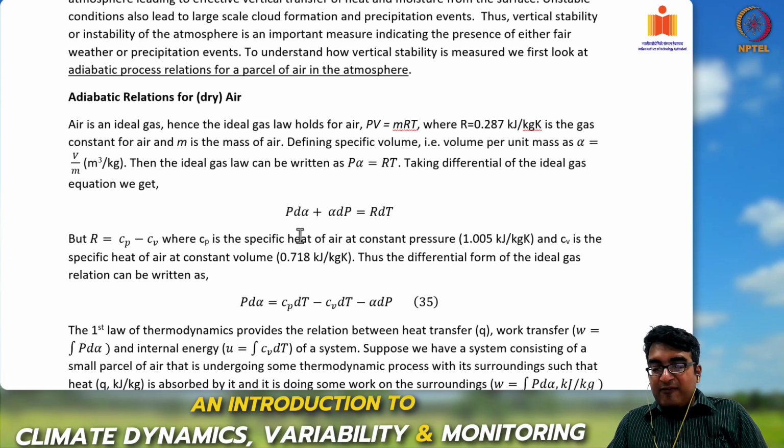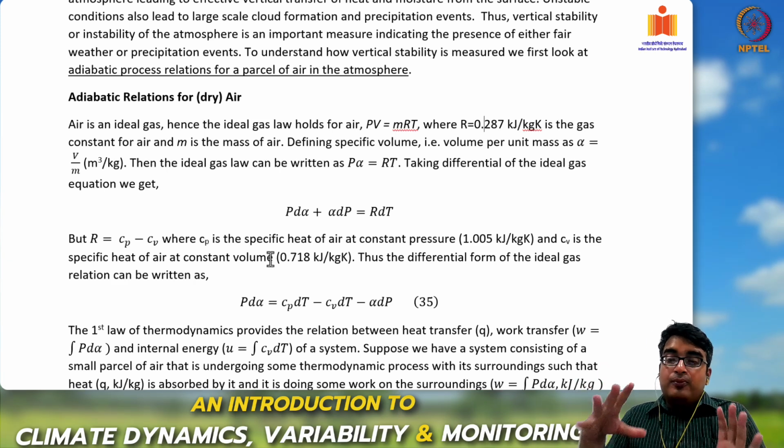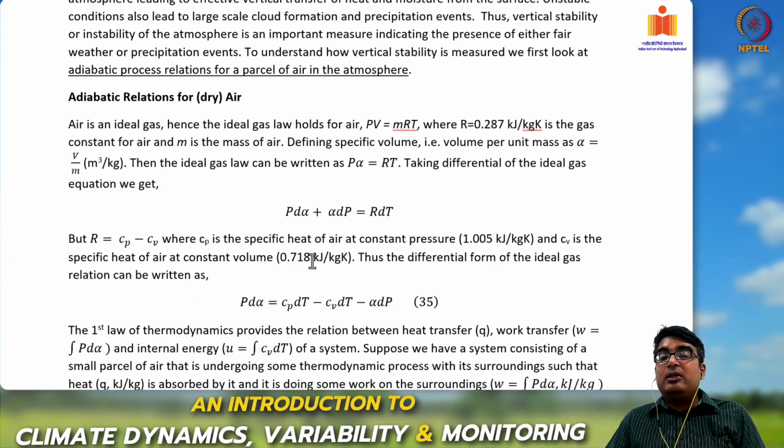That is what specific heat at constant pressure means. While specific heat at constant volume means if you take that same 1 kg of air and heat it at constant volume, so volume is not changing, pressure may be changing, then it requires 0.718 kilojoules to increase its temperature by 1 Kelvin.